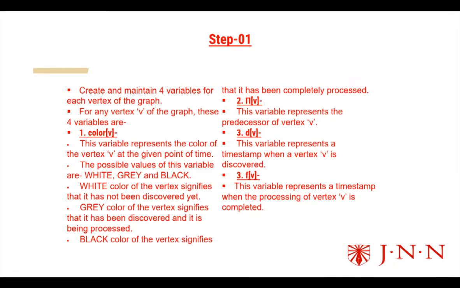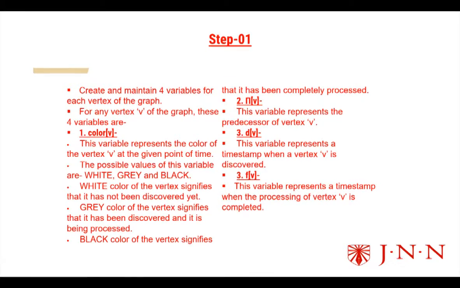And next we introduce the pi variable, similar to the one we introduced in the breadth first search. That variable is used to represent the predecessor of the vertex v, and the destination variable d of v is used to represent the timestamp when a vertex v is discovered.